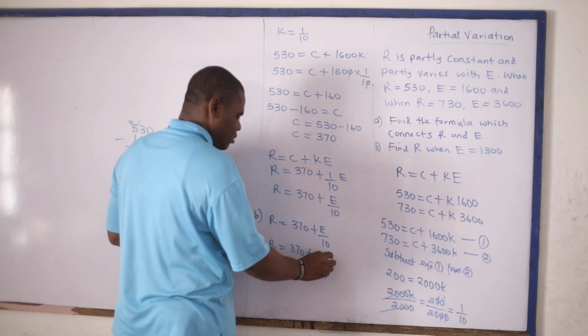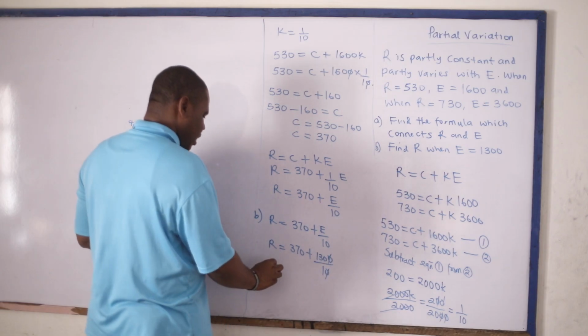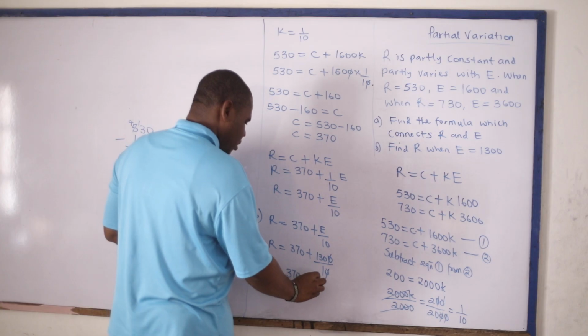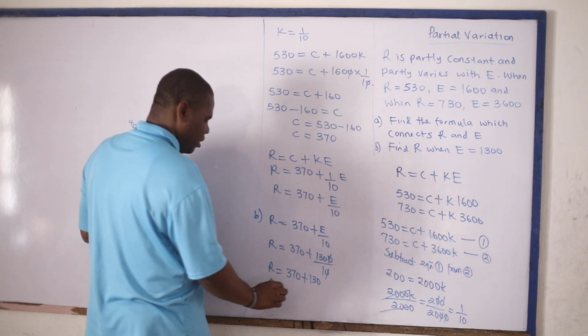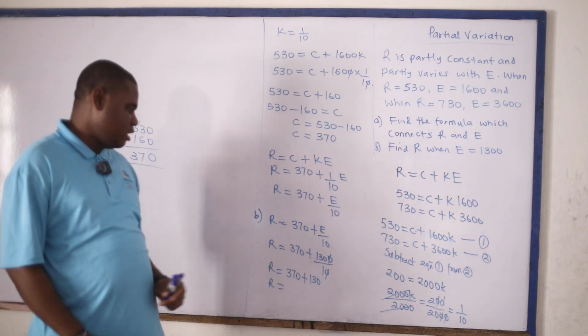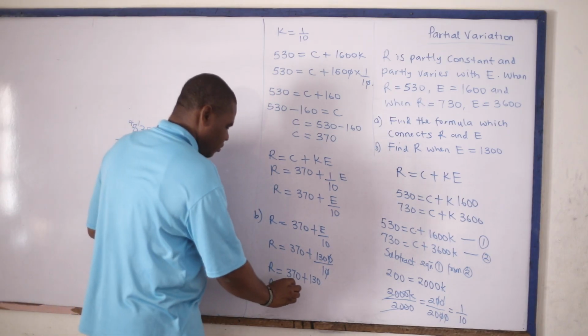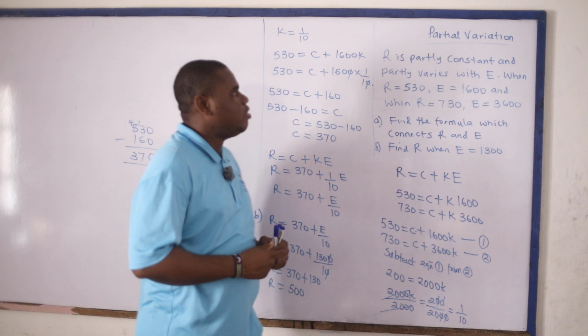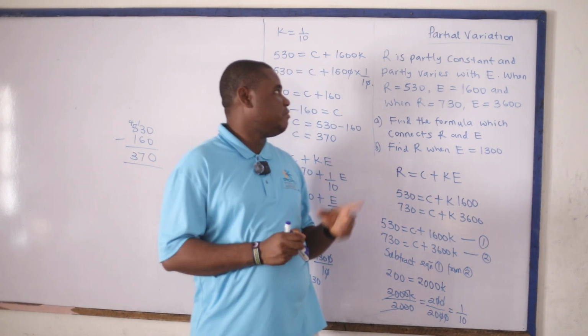Zero cancels zero, so I'll be left with R equals 370 plus 130, which equals 500.